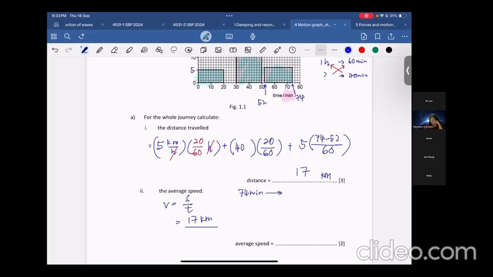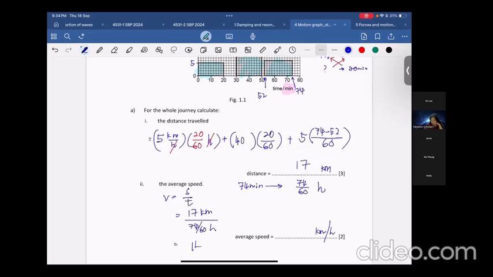Convert it into hour because kilometer pairs with hour, we very seldom say kilometer per second, or per minute. Kilometer per hour. So 74 minutes goes to hour, it will be 74 divided by 60 hour. Your answer for this question, if you do it correctly, is 14 kilometer per hour.